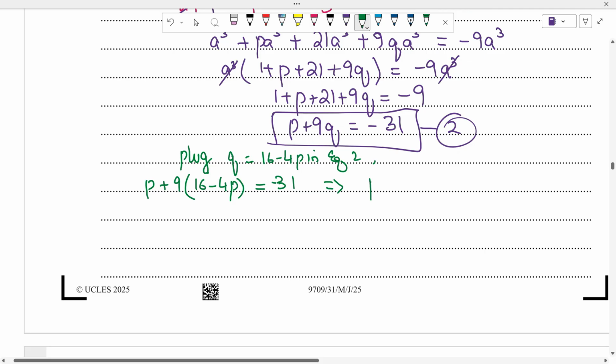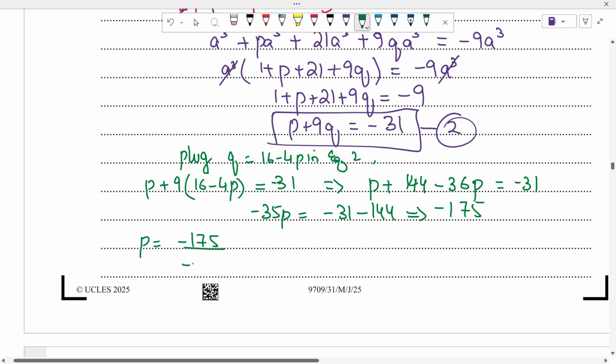Solving this, we will have p plus 144 minus 36p equals negative 31. So we will have negative 35p equals negative 31 minus 144, which is negative 175. So p is equal to negative 175 over negative 35, which is equal to 5. So we have p equal to positive 5.